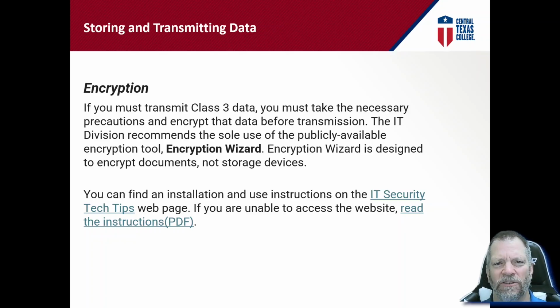The IT division recommends the sole use of the publicly available encryption tool, Encryption Wizard. Encryption Wizard is designed to encrypt documents, not storage devices. You can find the installation and use instructions on the IT Security Tech Tips webpage.